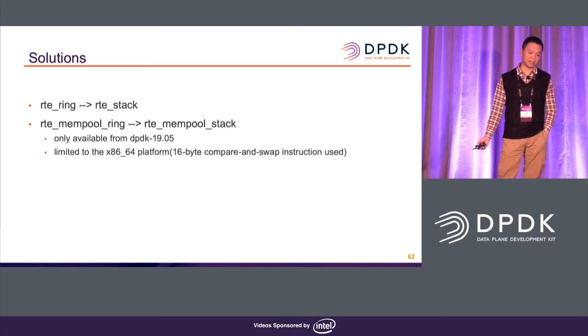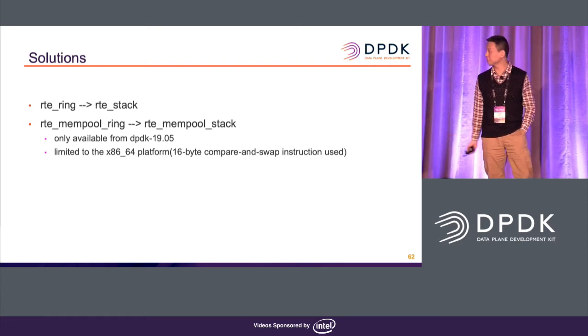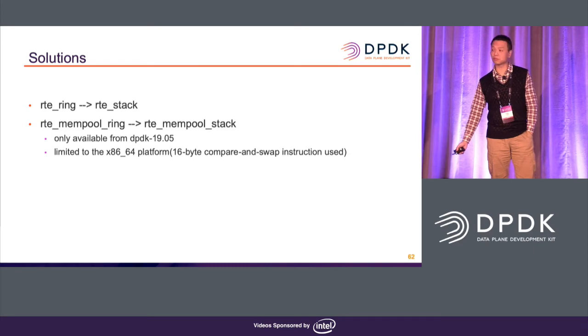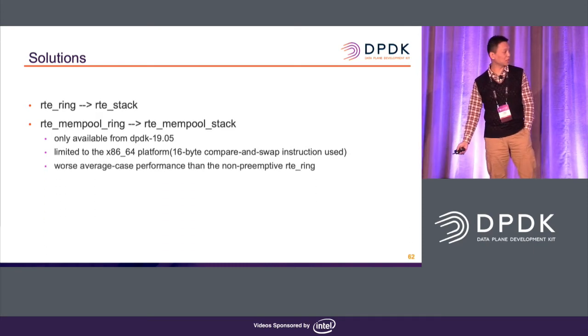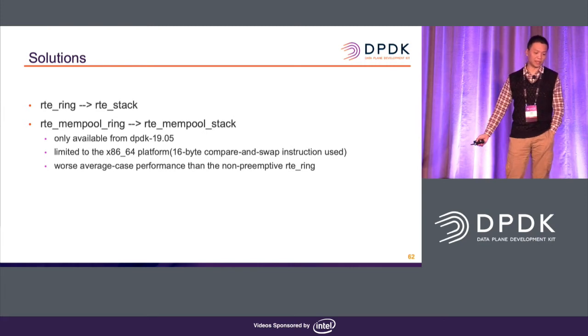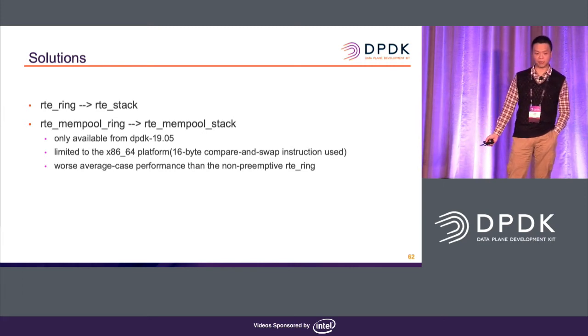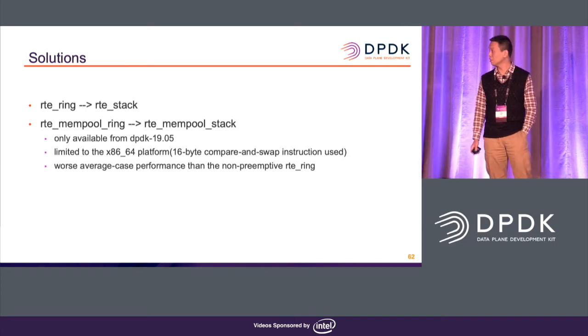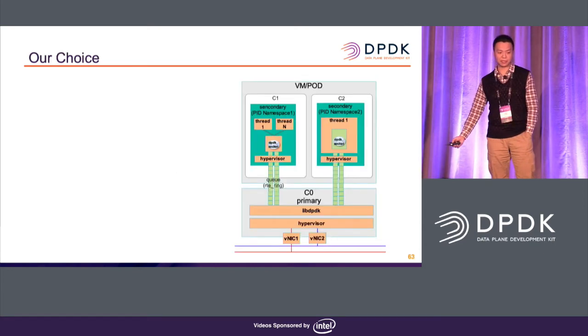And this solution is limited to the x86 64 platform because it uses a 16-byte compare and swap instruction. And the most important is it has worse average case performance than the non-preemptive RTE ring. So we don't choose this solution.